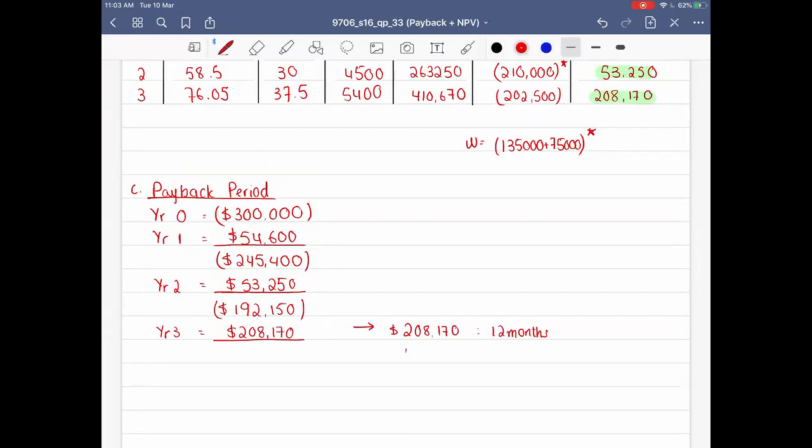We needed 192,150. तो वो कितने months में हमने रिसीव किया होगा?